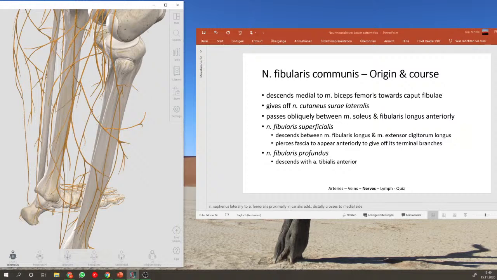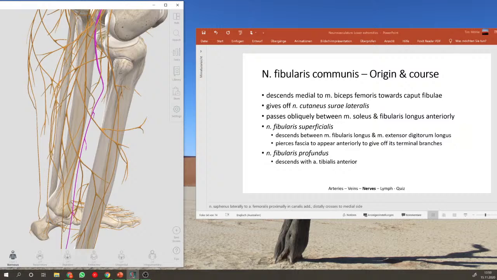So here. What is marked right now is the tibial nerve, and what I'm trying to show you now will be the common fibular nerve.